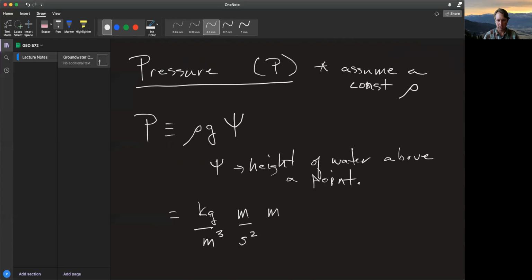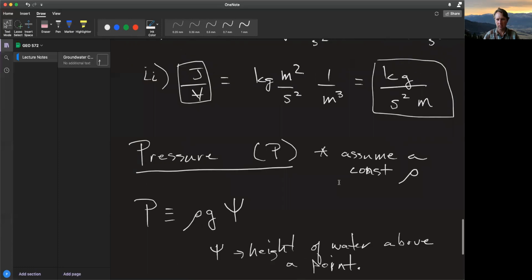Okay, we've got these two cancel, that cancels, and we get kilograms per meter second squared. And if we go up here, we can see that that is the unit of joules per unit volume.